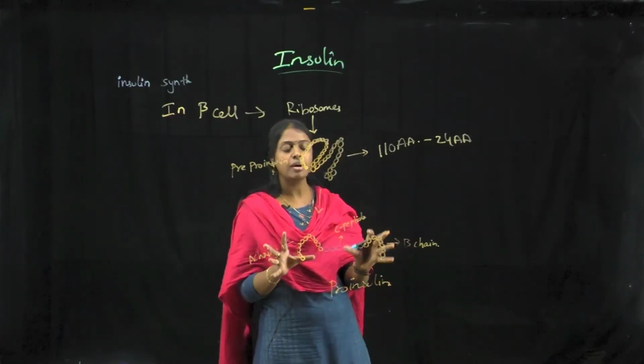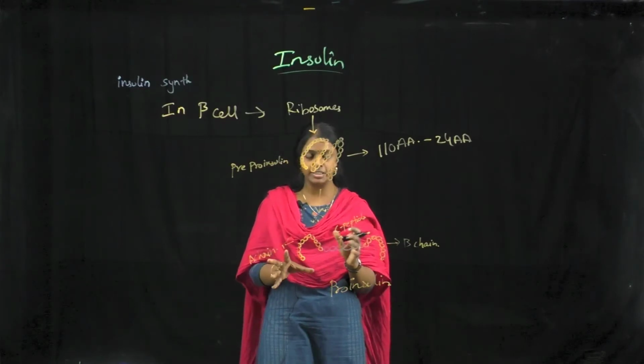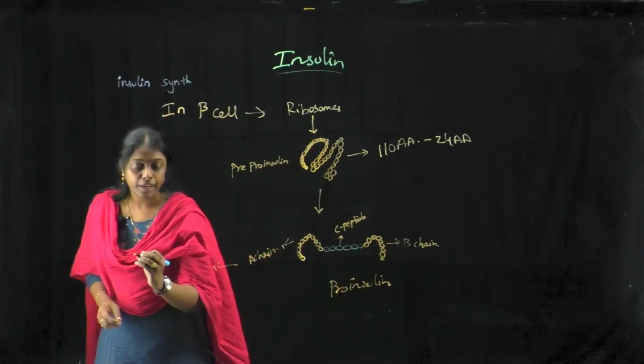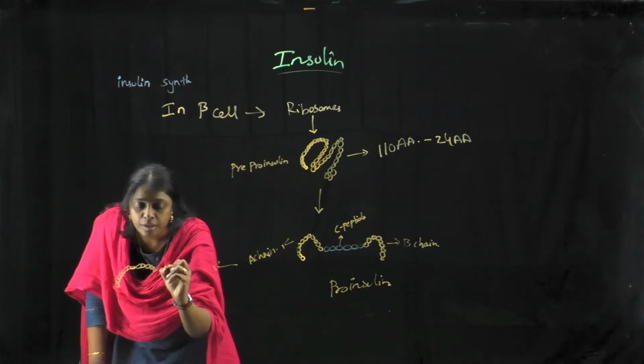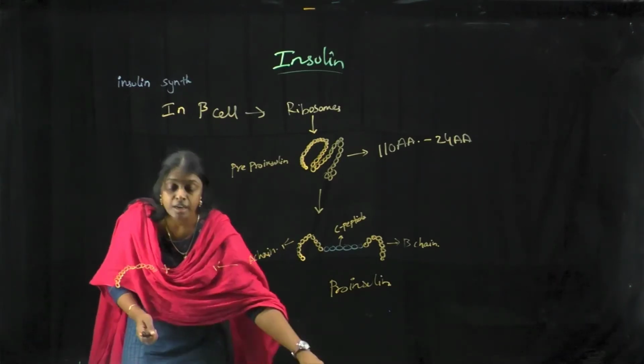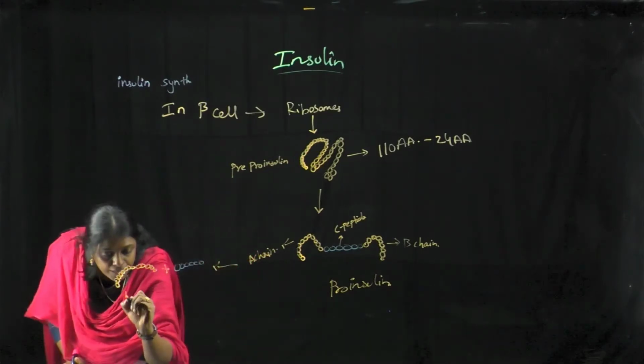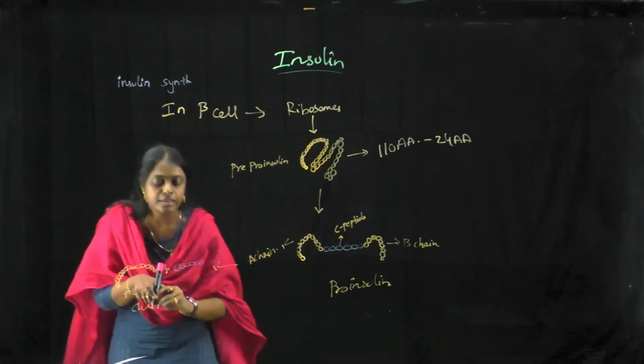So this is how our proinsulin looks. The A and B chains combine, plus there is the C peptide.